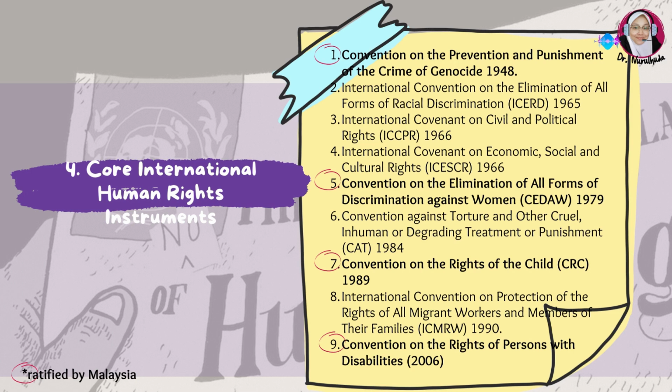Now we move on to the fourth: the other core international human rights instruments that we have. For example, the Convention on the Prevention and Punishment of the Crime of Genocide in 1948, the Convention on the Elimination of All Forms of Discrimination Against Women, CEDAW, in 1979, the Convention on the Rights of the Child, CRC, 1989, and the Convention on the Rights of Persons with Disabilities.